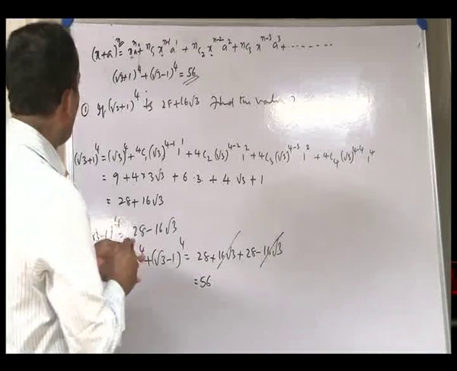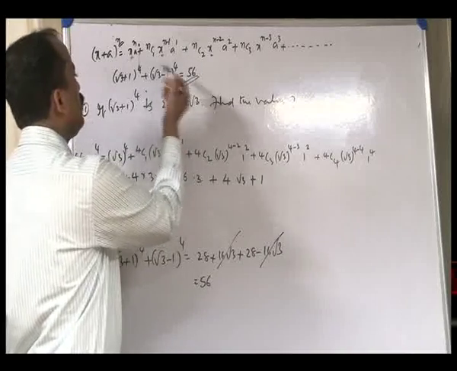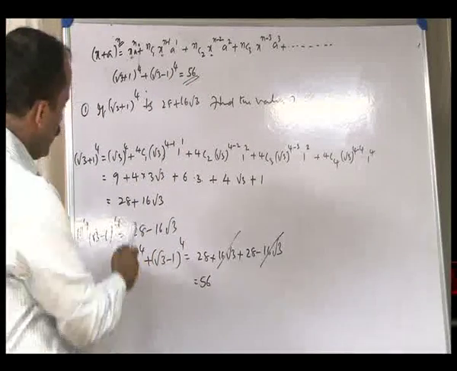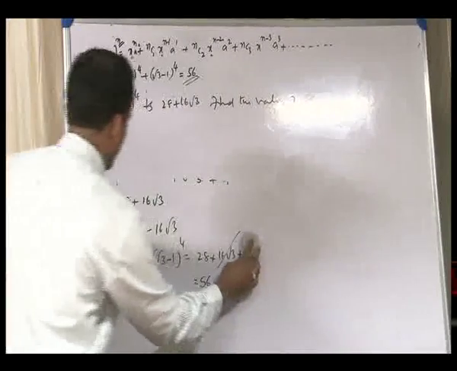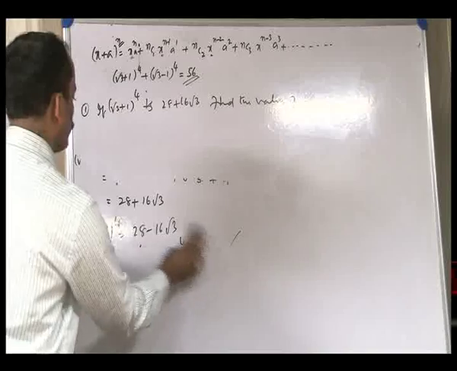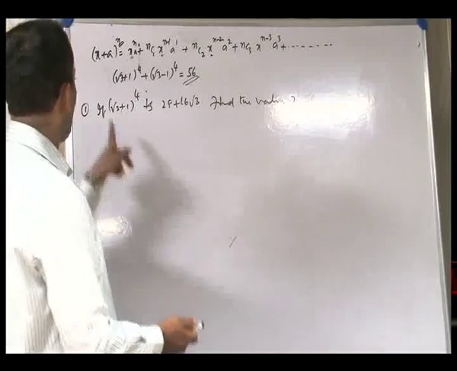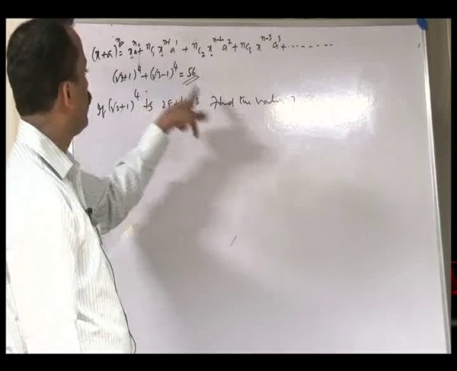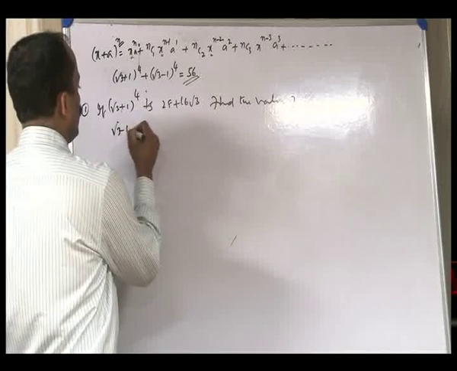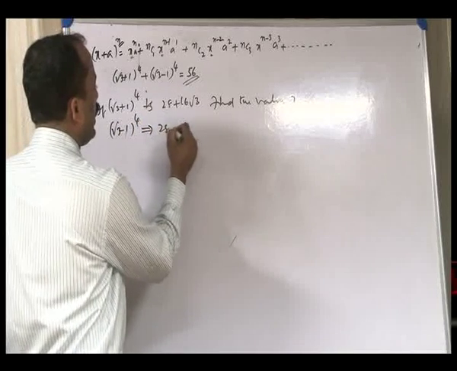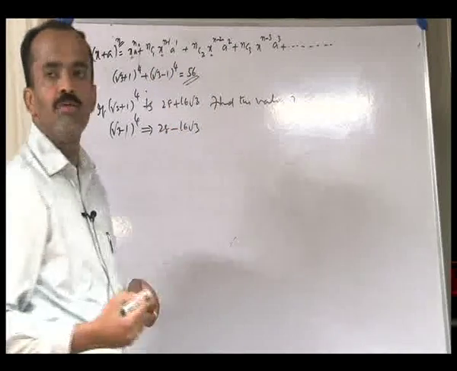They only give the value of (√3 + 1)^4, but what we have to do is change this into (√3 − 1)^4. They have given that (√3 + 1)^4 is 28 plus 16√3. Therefore, (√3 − 1)^4 is what? 28 minus 16√3. So you add this value plus this value, finally it ends with 56.